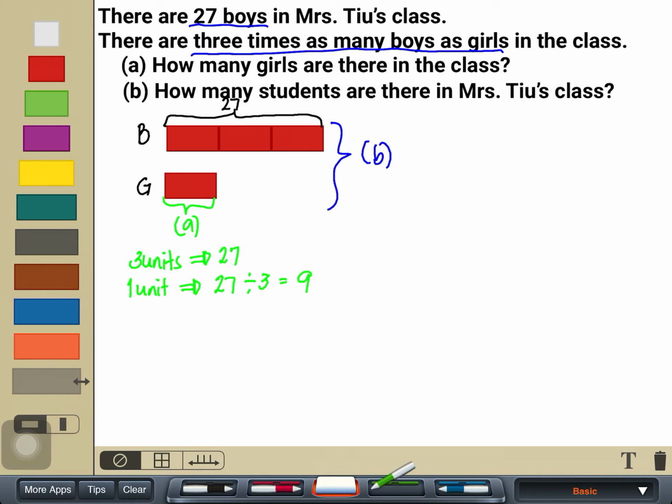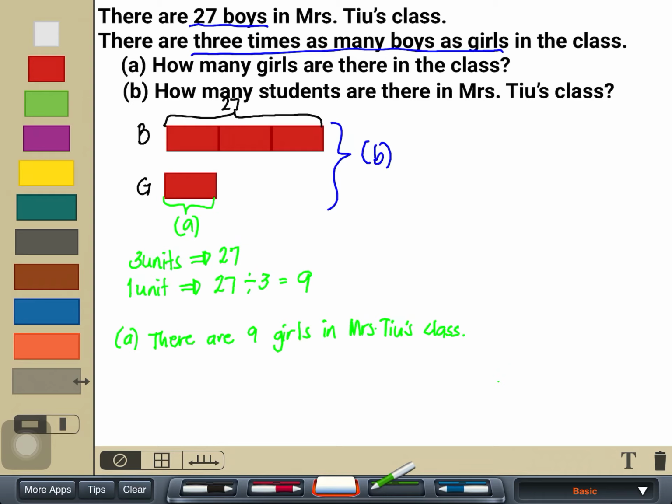Okay, so we know that there are 9 girls in Mrs. Tew's class. So for letter A, there are 9 girls in Mrs. Tew's class.